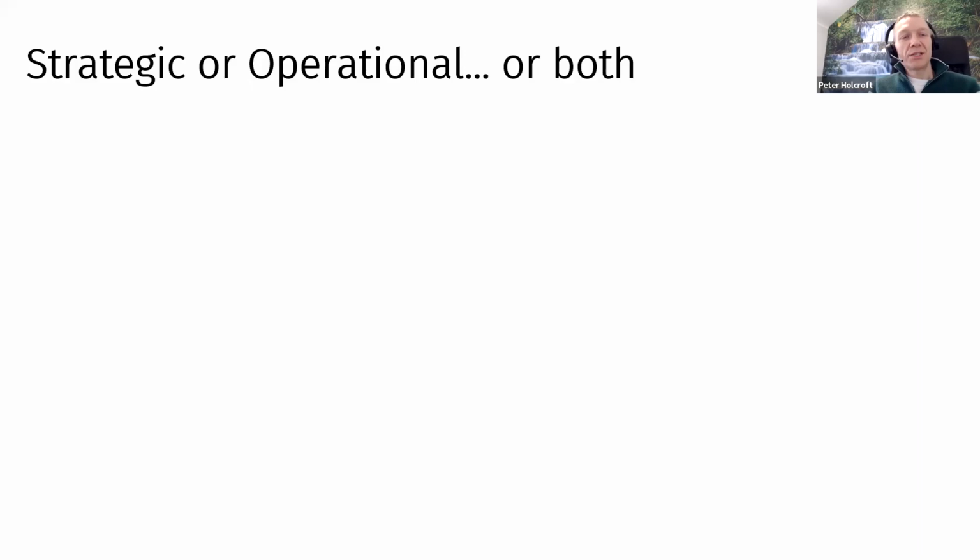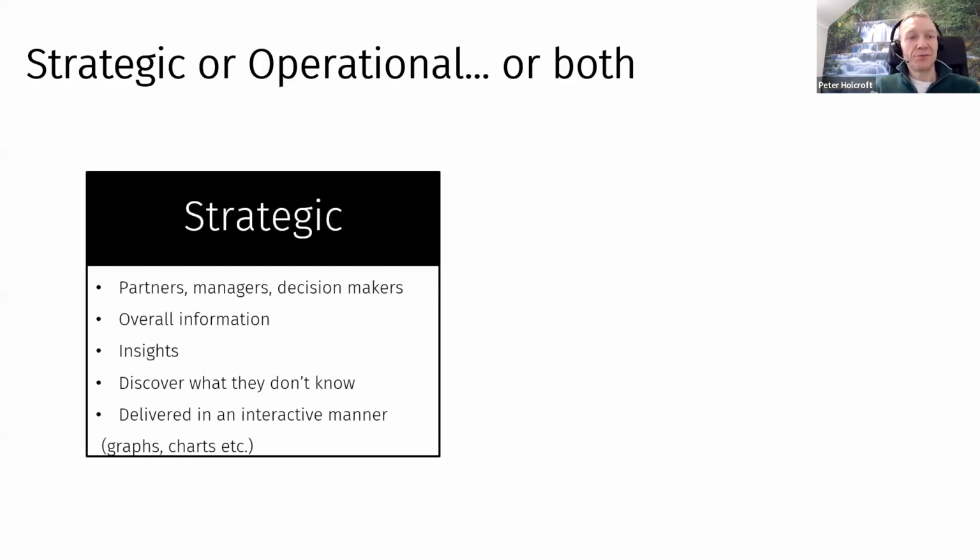So BI processes can be applied to both operational and strategic decisions. Strategic BI solutions are typically used by partners and managers to discover what they don't know, to discover strategic information, analyze it, then use it to make business decisions based on their own experience and knowledge.